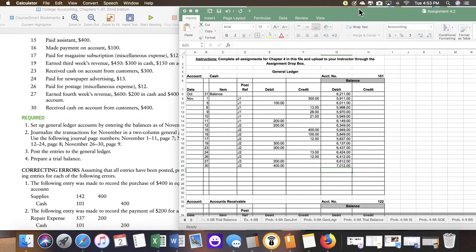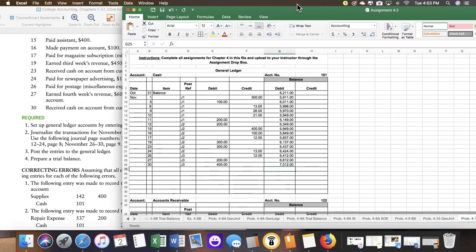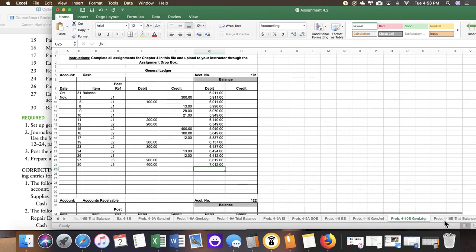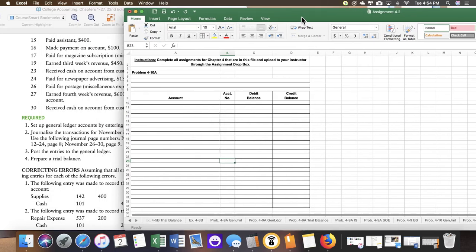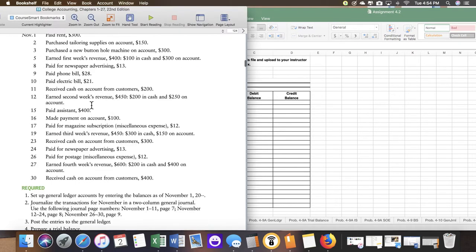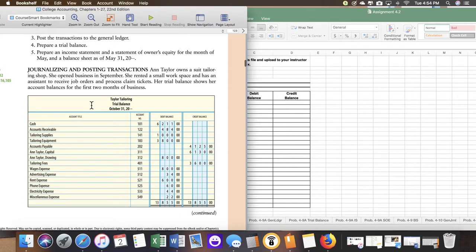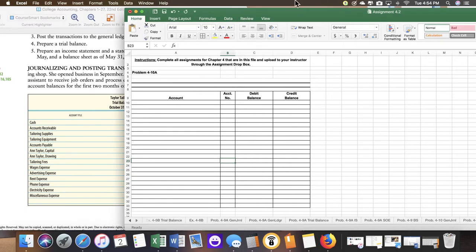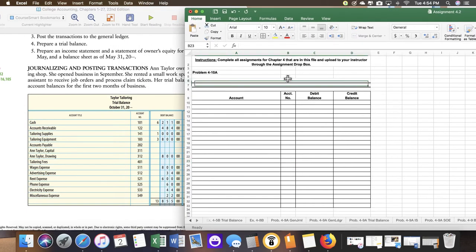Now we have to prepare the trial balance. So this is the last thing that we have to do for this problem. So we're going to go back up to the partial worksheet we were given, and we're going to use that information.